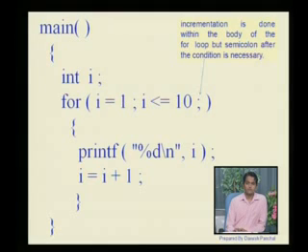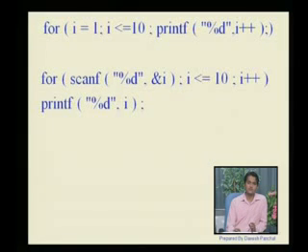Now we can also use this method for specifying a for loop where the counter is mentioned in the body of the loop. We can use a for loop in this way.